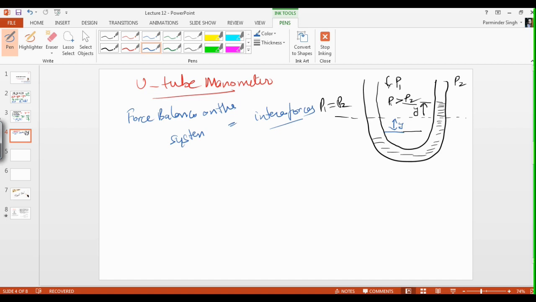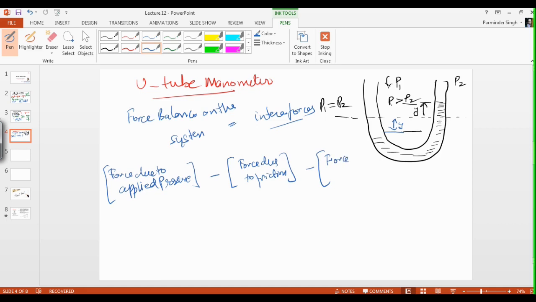First, force due to your applied pressure; second, your force due to friction, or you can say frictional force; third, force due to the head, that is due to the difference. This is equal to the inertial forces, and inertial forces will be m d square y by dt square. Clear?